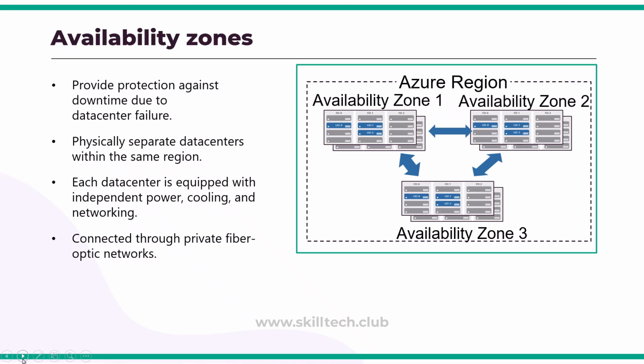These are physically separated data centers within the same region, and each data center is equipped with independent power, cooling, and networking. Nowadays, many Azure regions have at least one availability zone based on solar power. Microsoft makes sure that one availability zone is based on solar, so if we have an energy outage or other energy-related issues, not all the availability zones will get affected.